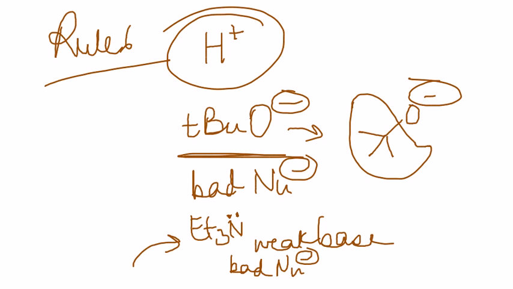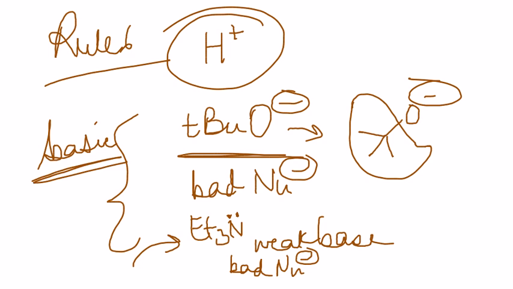But whenever you have relatively good basic conditions, or there is an acidic proton, what will be an acidic proton? Recall the acidity that we discussed in chapter 2 about acids and bases.